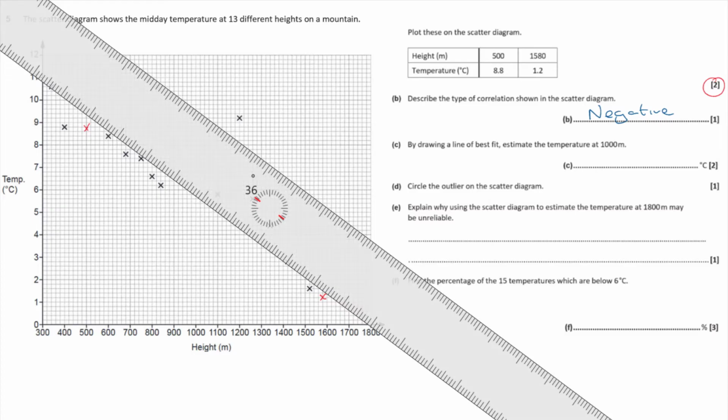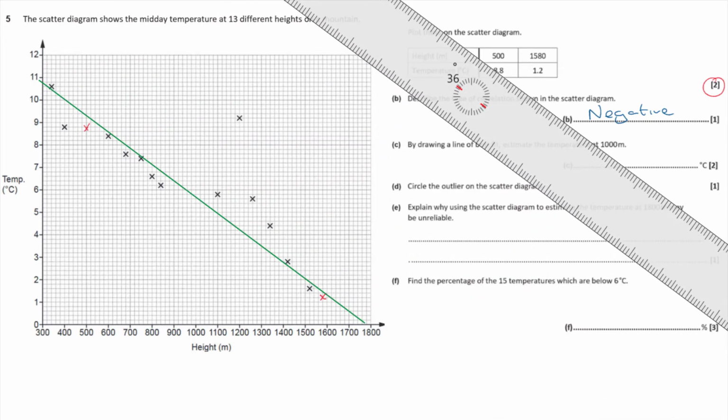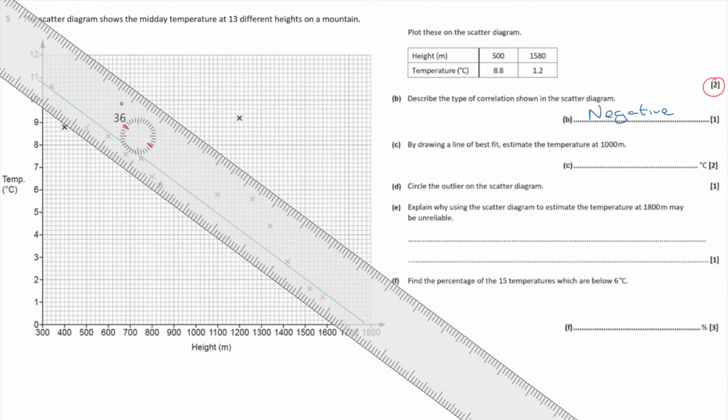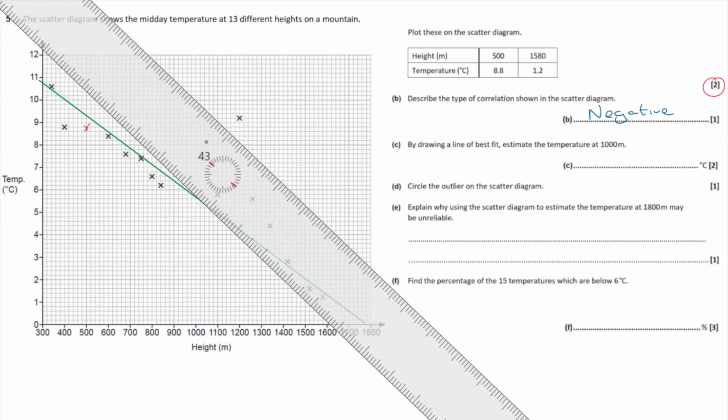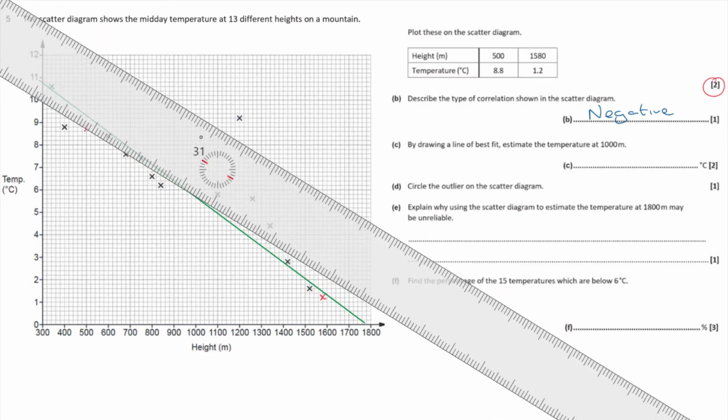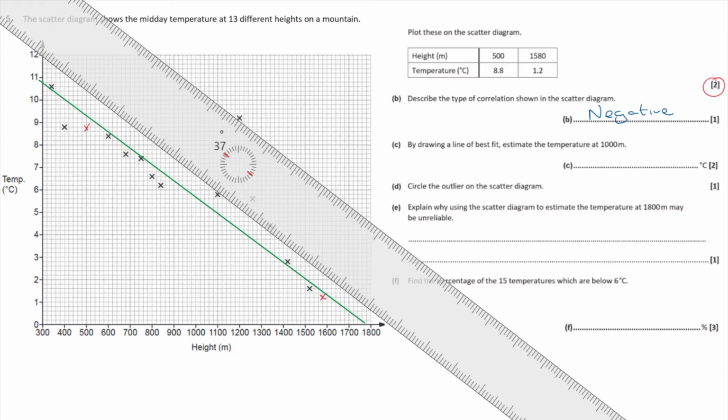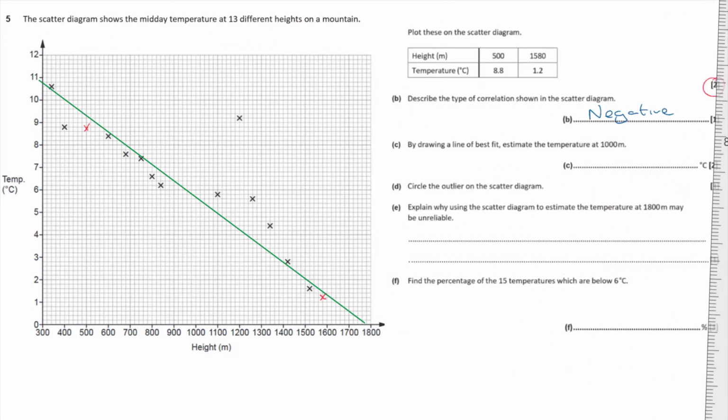Now you do get a fair bit of wiggle room for these. It's not an exact science. Okay, so something like that. So I've got points on either side. It vaguely goes through the trend of my points. That's good enough. You will get quite a bit of leniency on your line, so it doesn't have to be exactly like mine. So when you're marking yours, you have to mark yours against your line of best fit. So there isn't one answer for C.